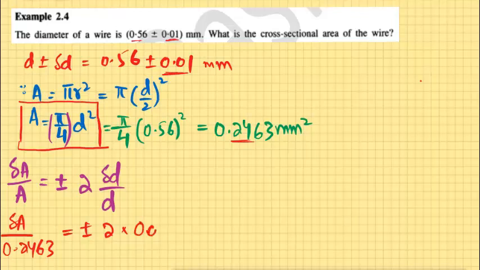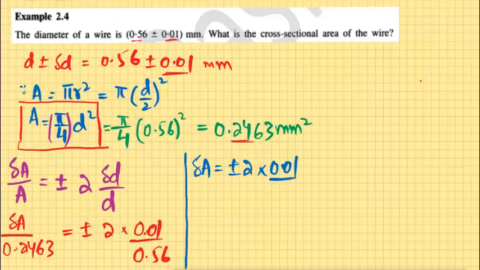So I will write 0.01 as the uncertainty, and I will divide it by the actual value of d, which is 0.56. Now if I simplify this further, I will get uncertainty in area equals plus minus 2 times 0.01 divided by 0.56, and this whole term being multiplied with 0.2463.